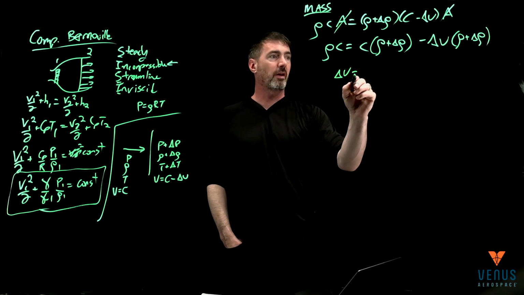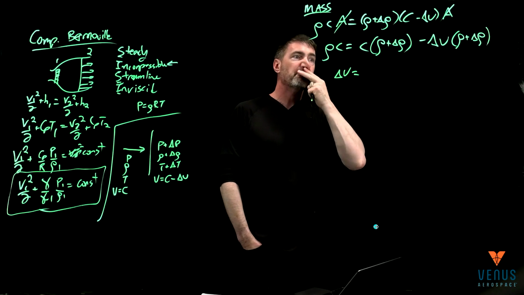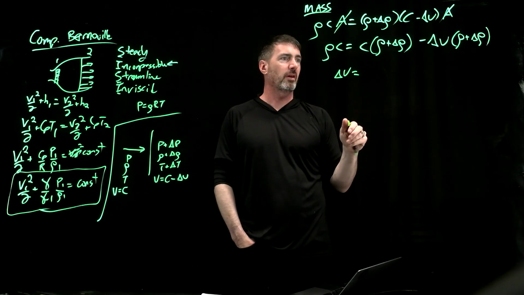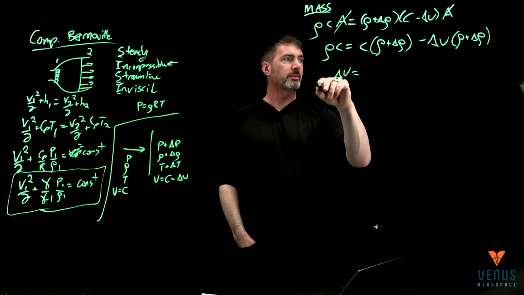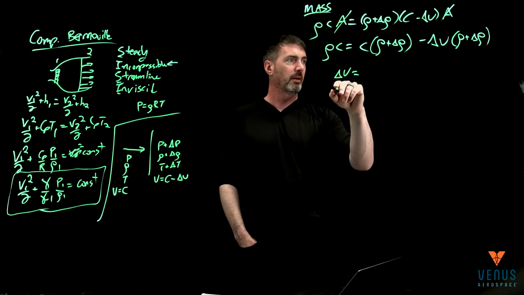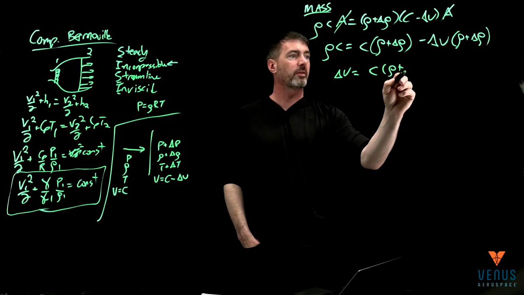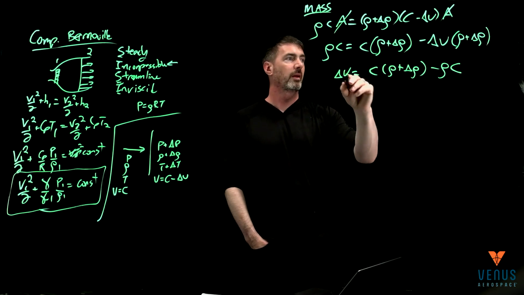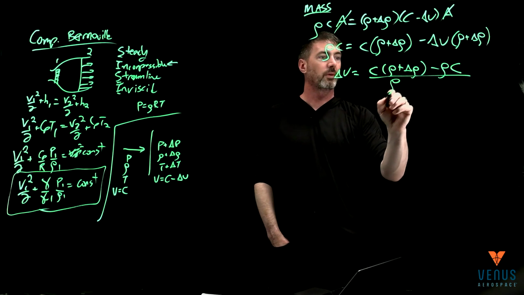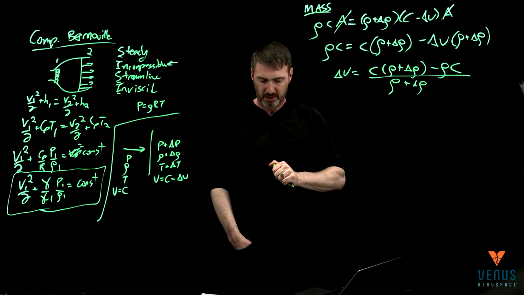So the change in velocity, so if I bring that to the side and come over here, the change in velocity is c times (rho plus delta rho) minus rho c, and then all of that over rho plus delta rho. Okay?